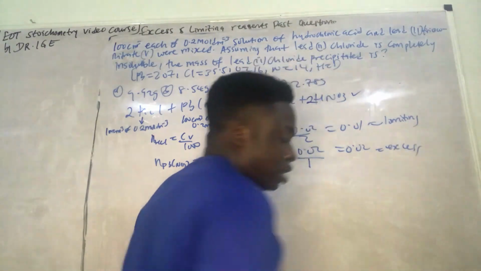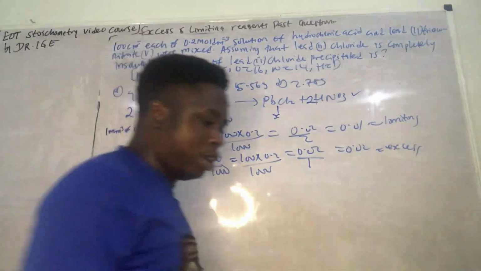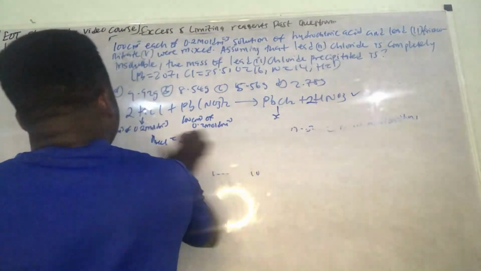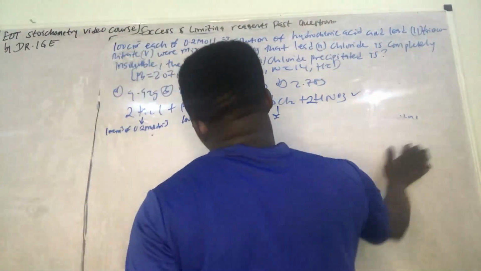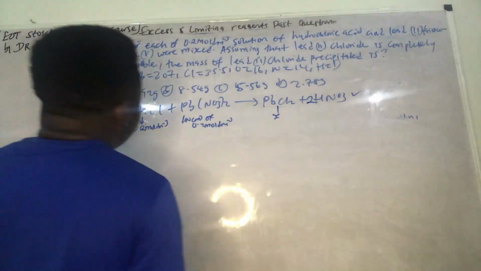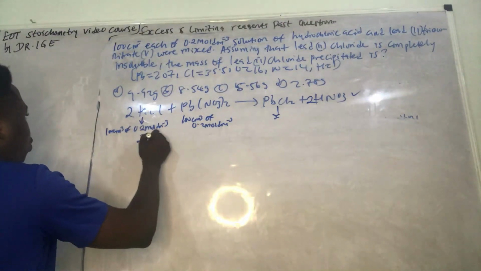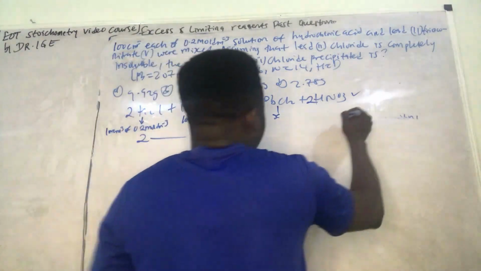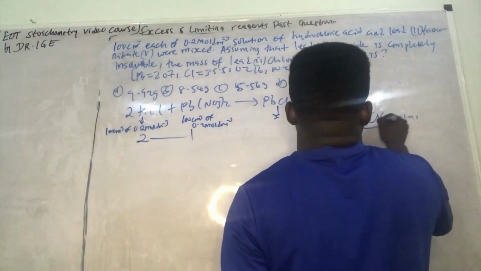So step 1 has been done. We have located that NaCl is the limiting reagent. Now, very easy, we compare with NaCl. We say 2 moles of NaCl react with 1 mole of this one. The number of moles of NaCl is CV over 1000.